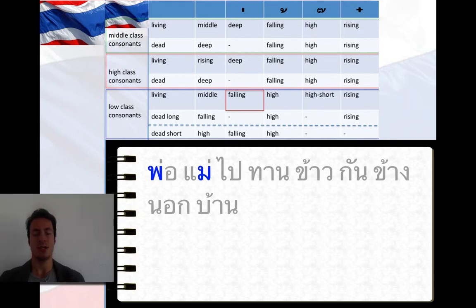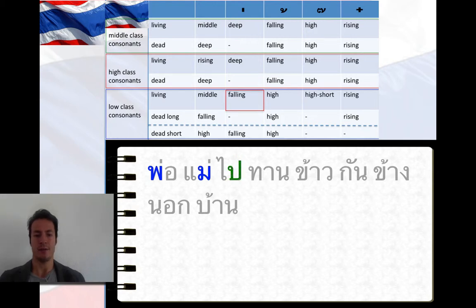Same tone mark, same kind of syllable: living. Therefore resulting in a falling tone again. แม่. Translation would be mother.